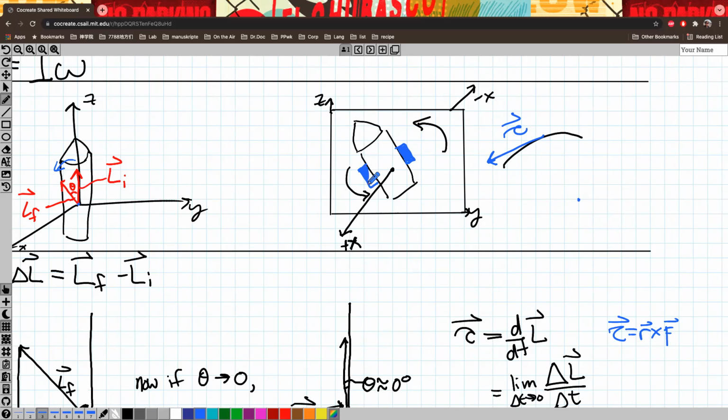So these thrusters are basically emitting gas, just like a jet, right? The jet works very much in accordance with Newton's third law.